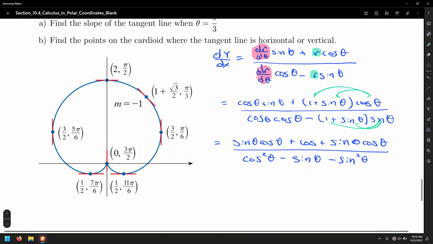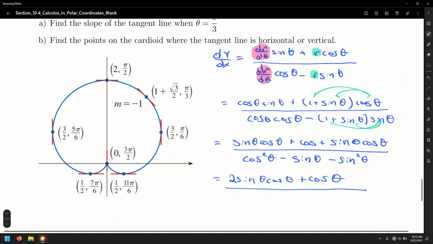Let's see if we have anything to simplify. Yes, so let's combine this sine theta cosine theta. We have two of them, plus cosine theta.